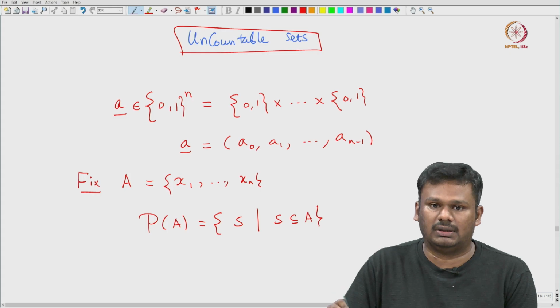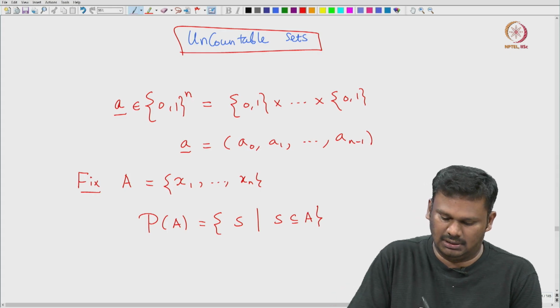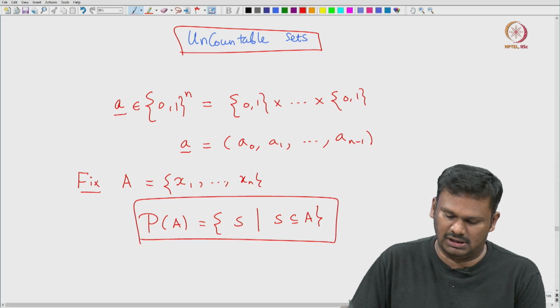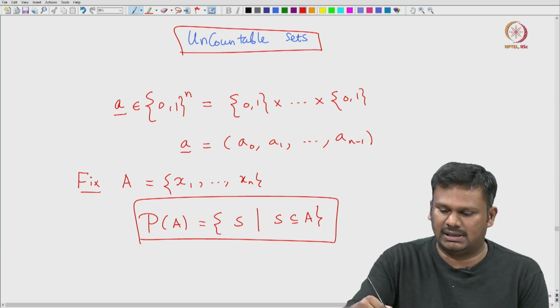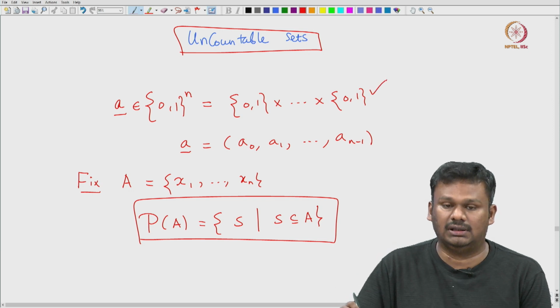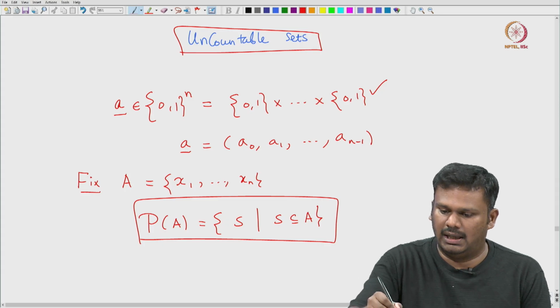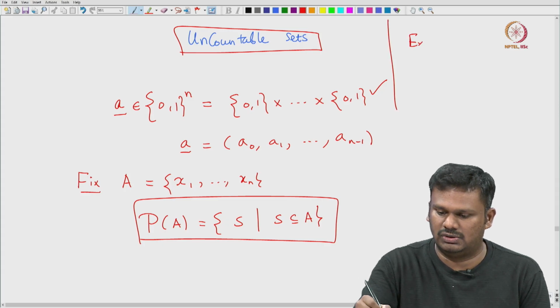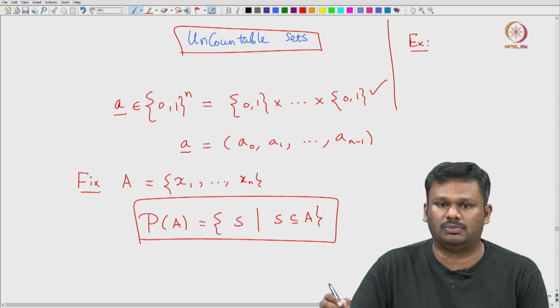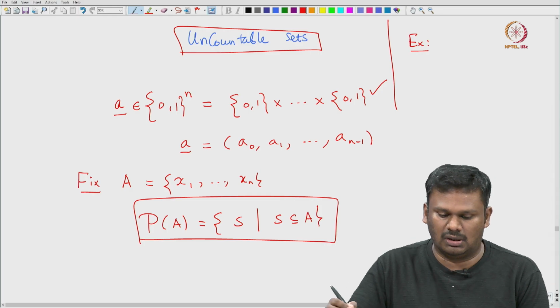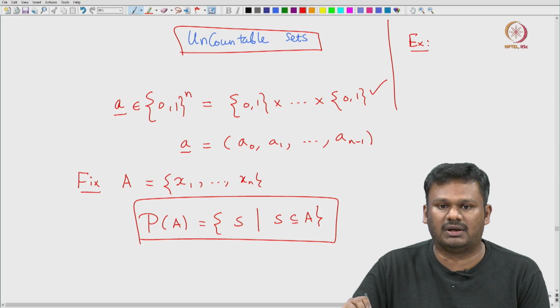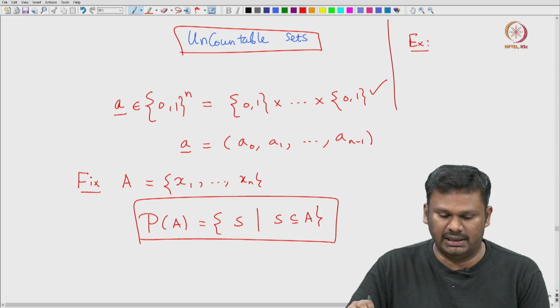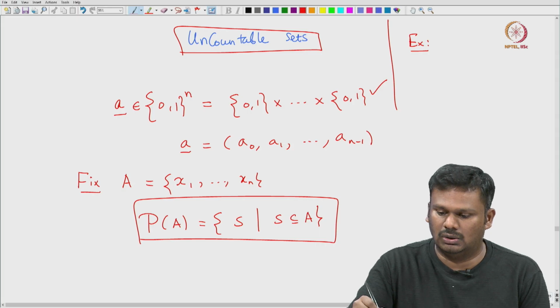Now we want to understand what the cardinality of this power set of A will be. To understand that, we will relate it with the Cartesian product of n copies of {0,1}. It is an easy exercise to see that if we take the Cartesian product of n copies of {0,1}, the number of elements in that set will be exactly 2^n.